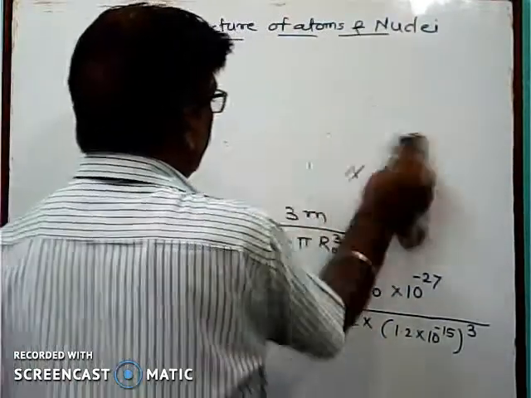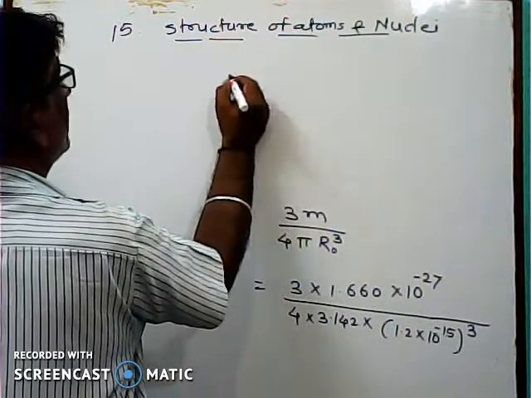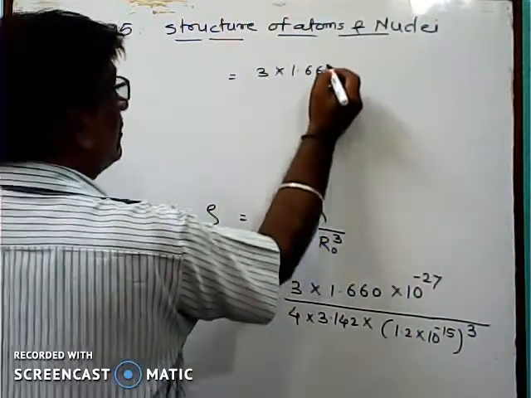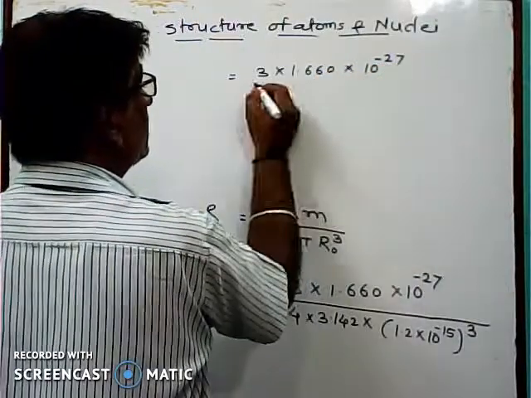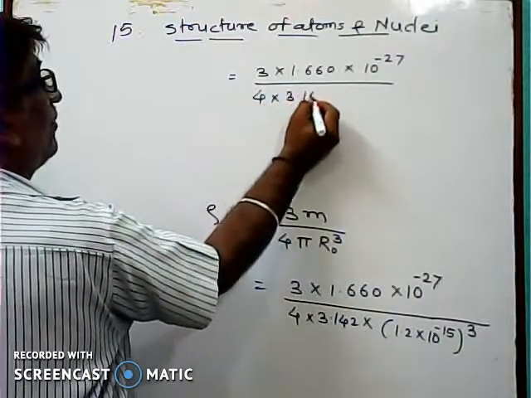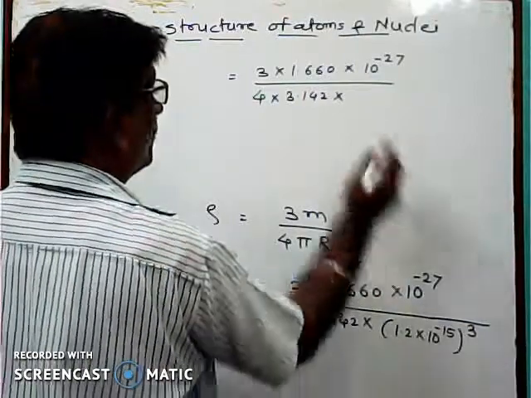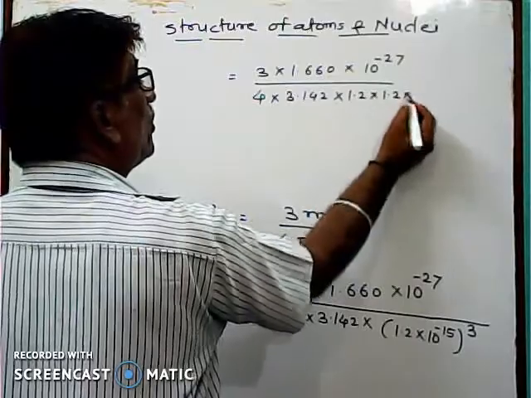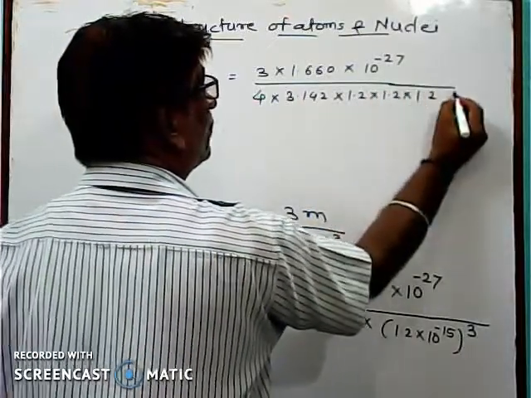Again the value will be 3 into 1.660 into 10 to the power minus 27 upon 4 into 3.142 into 1.2 cube. We can write this as 3 times 1.2 multiplied by 1.2 multiplied by 1.2.